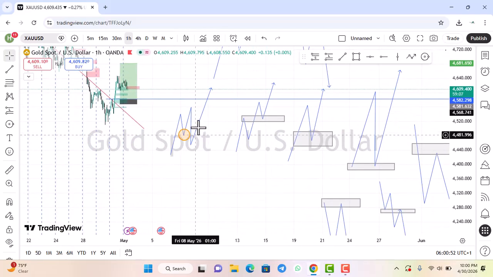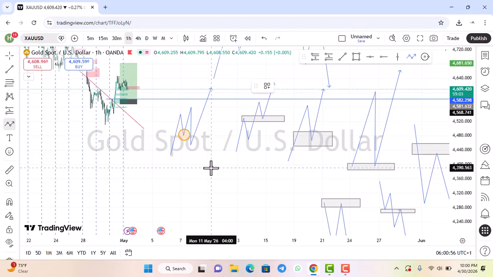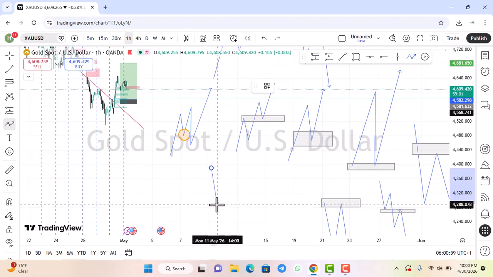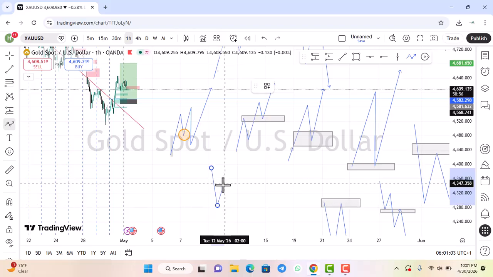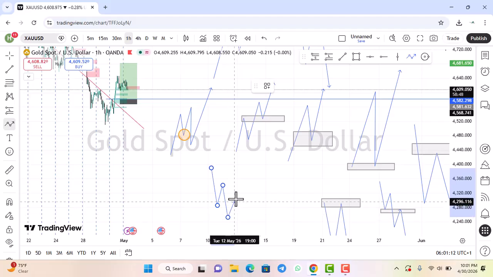So let me show you the same example in a downtrend. Okay, let's say we have this expansion to the downside, then price pulls back. After pulling back to this point here, it continues to come down like this, then goes back again to sweep that liquidity.